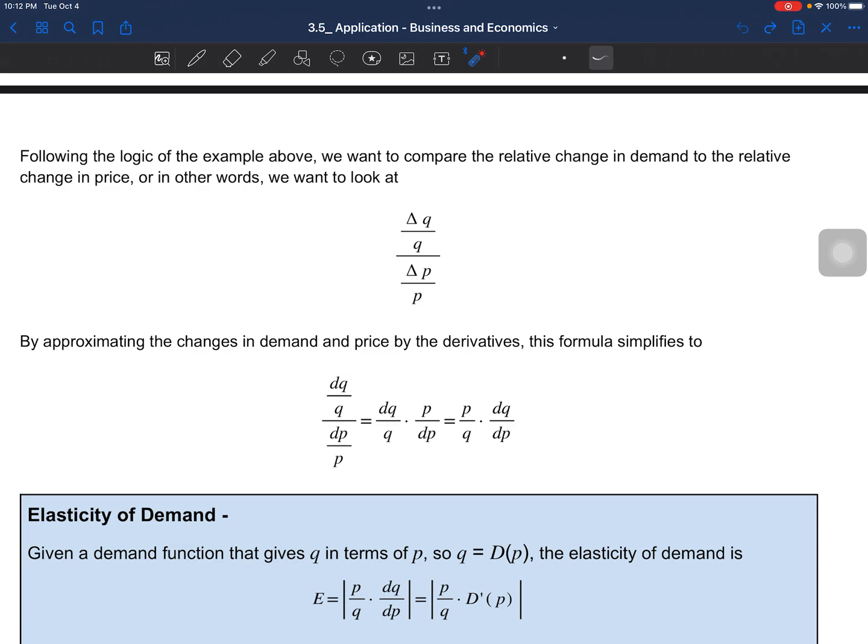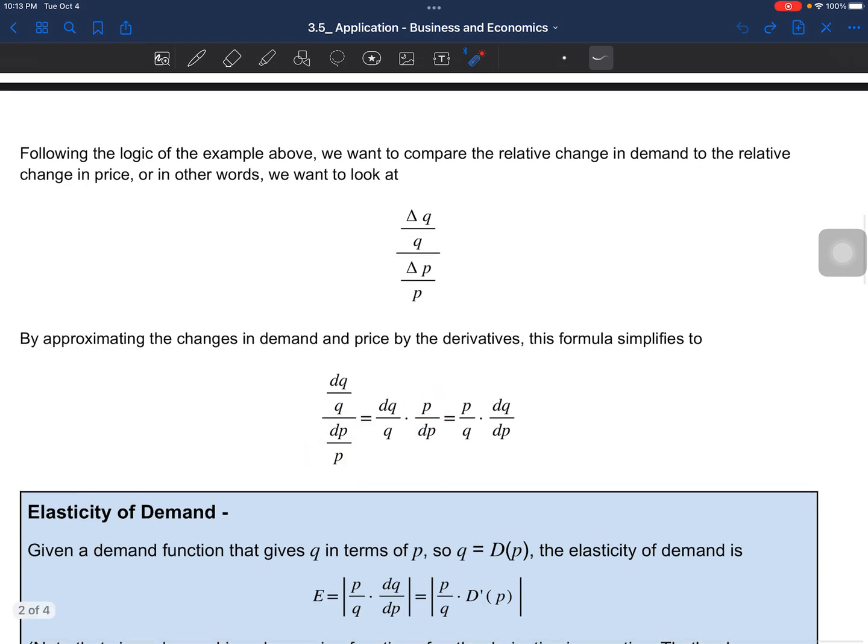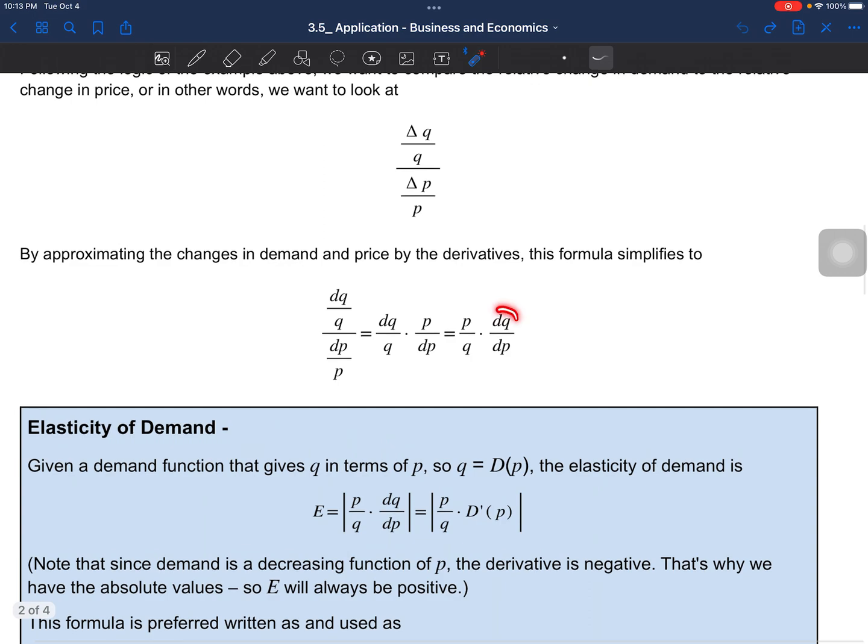We have dq over q all over dp over p, which, when you divide fractions, remember, we can change this into a multiplication by doing the numerator times the reciprocal of the denominator. And if we arrange the order and switch those two, now we have p over q times dq over dp.